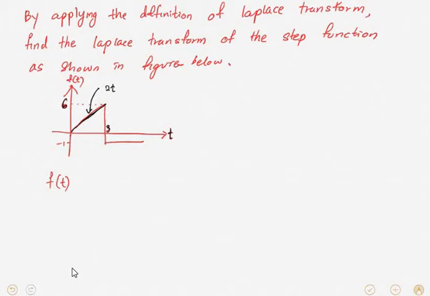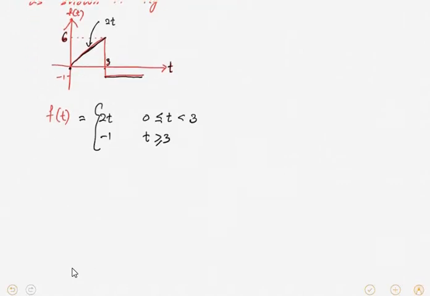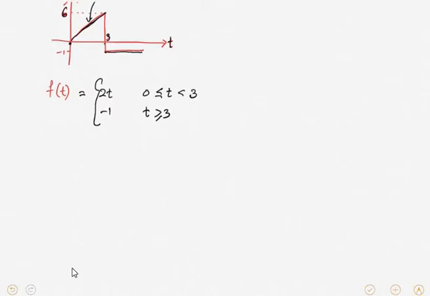Okay, so f(t) is equal to 2t from 0 to 3, and after that is -1 for t more than 3. That's the f(t).